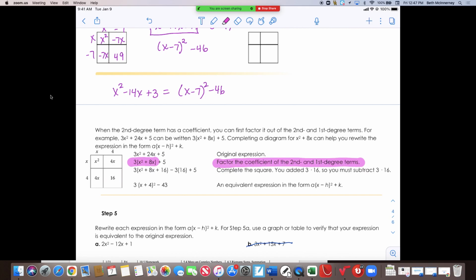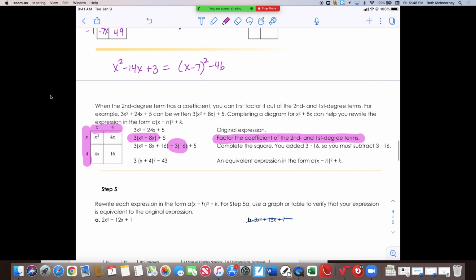It's hanging out. Then I make my box with x plus 4, x plus 4. So I'm adding 16 on the inside. But now I got to pay attention to that 3. It's actually 3 times 16, which is 48. So then I've got to subtract 3 times the 16. And then this factors 3 times the quantity, x plus 4 squared minus 43.